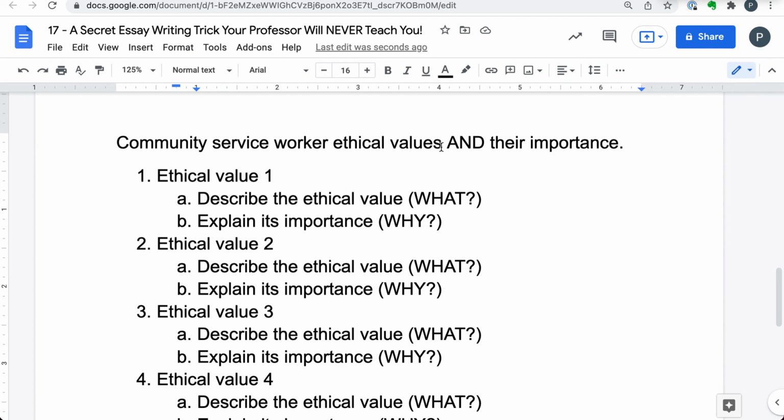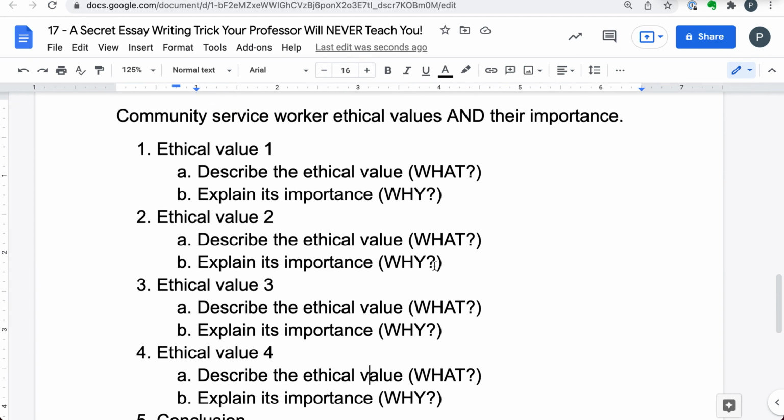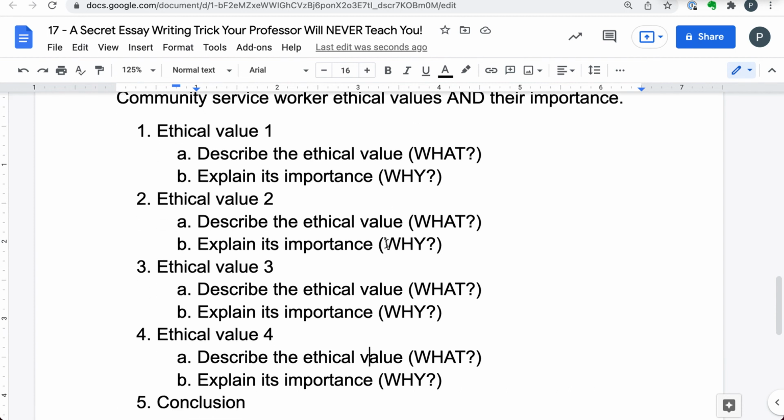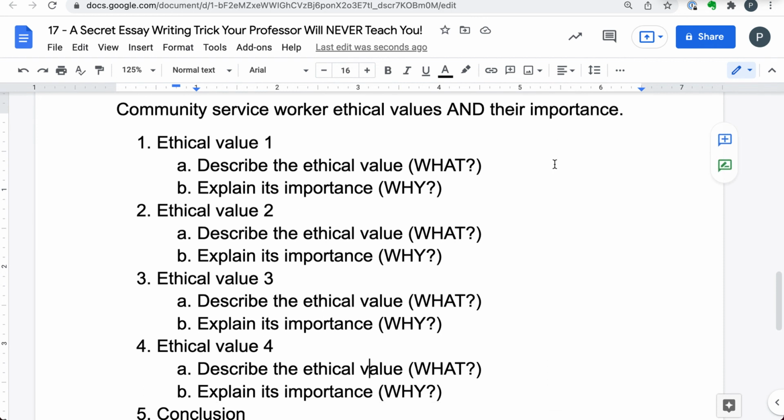Then you just enumerate them, and this is how you structure your essay. You have as many sections as you have ethical values, and each section has 2 subsections: what is the value and what is its importance? That's it. And there you go. This is how you tackle this essay topic.